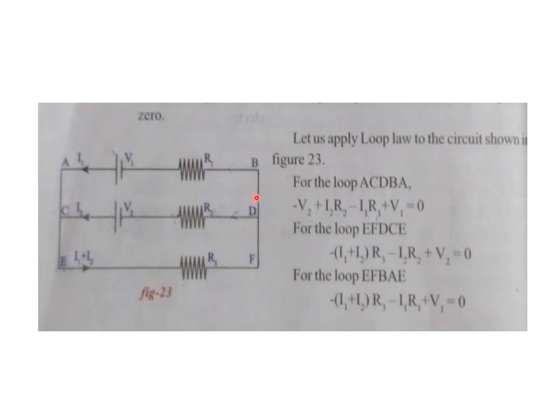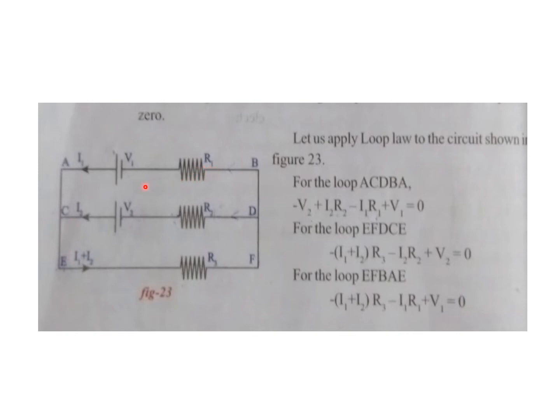As we move forward towards B, the potential varies again due to resistor R1, and here our direction is opposite to the direction of current, so it is negative, and the voltage at this point is minus I1 R1.